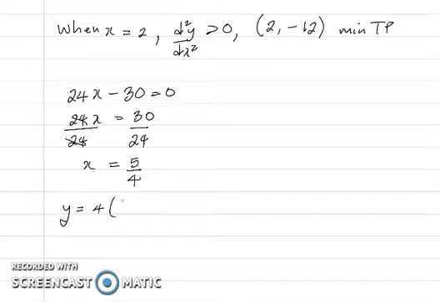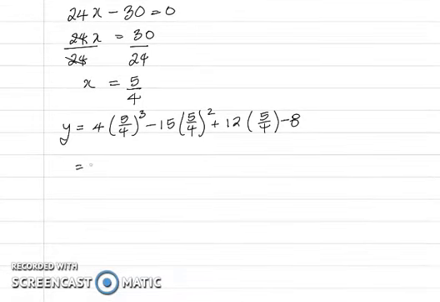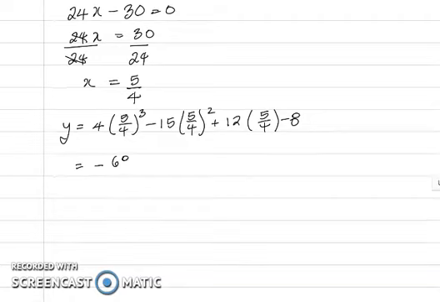All right. So when x is equal to 5 over 4, y would be equal to 4 times 5 over 4 cubed minus 15 times 5 over 4 squared plus 12 times 5 over 4 minus 8. And if you just put that in a calculator and press equal, you're going to get y is equal to minus 69 over 8.